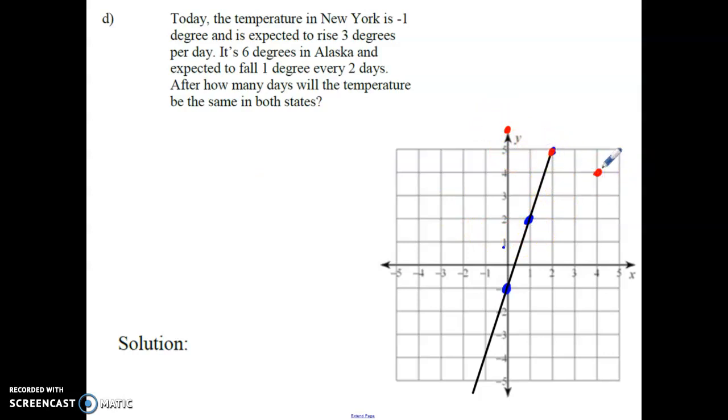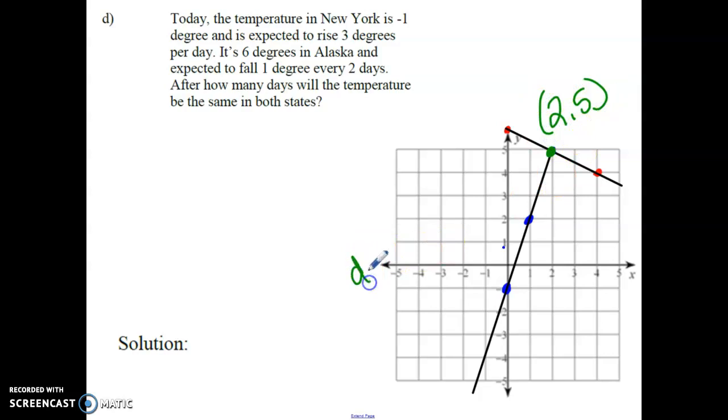Sorry, my graph on my paper is different than this. So it's falling 1 degree every 2 days. So I went down 1, right 2. I'm going to go ahead and draw my line in there. And you'll notice that they intersect right at the top of the graph there, which is at 2, 5.